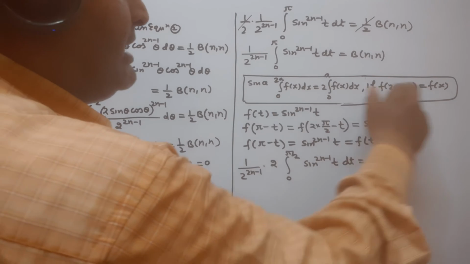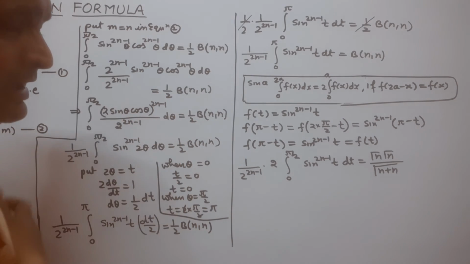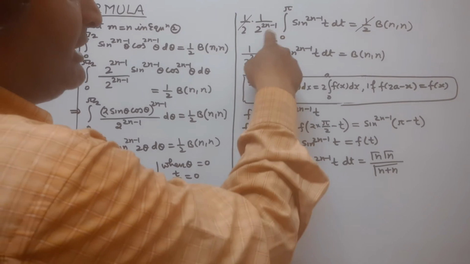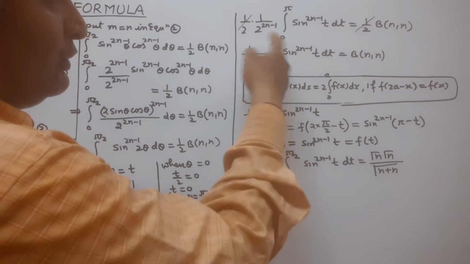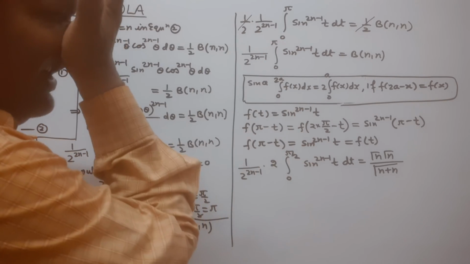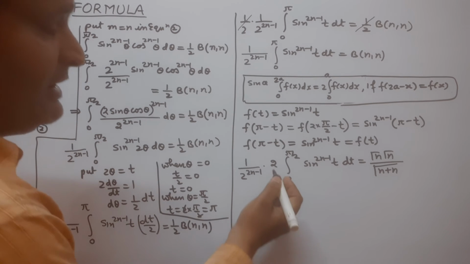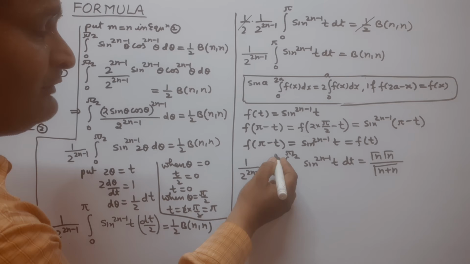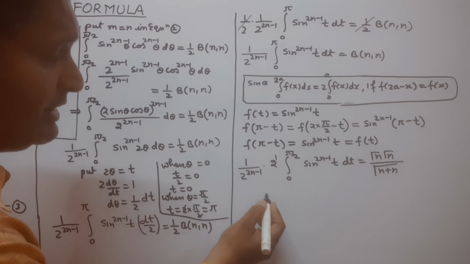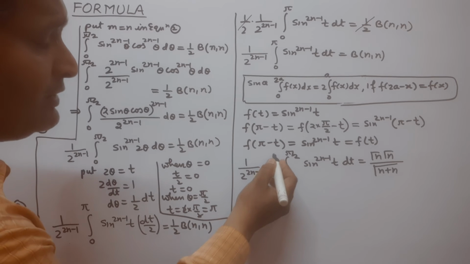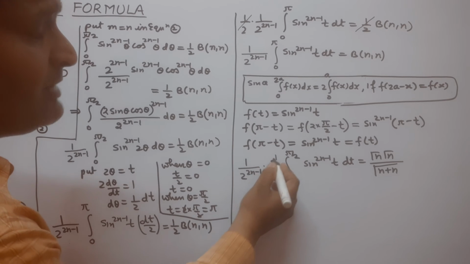So we apply here this formula of definite integral, the property of definite integral. So this limit will be half, and 2 will be multiplied outside the integral sign. Now we can take this 2 to the denominator, so the power of 2 will be 2n minus 1, so this can be written as 2n minus 2.